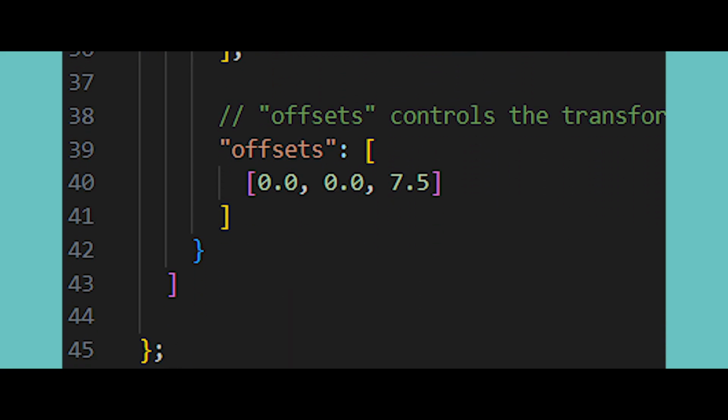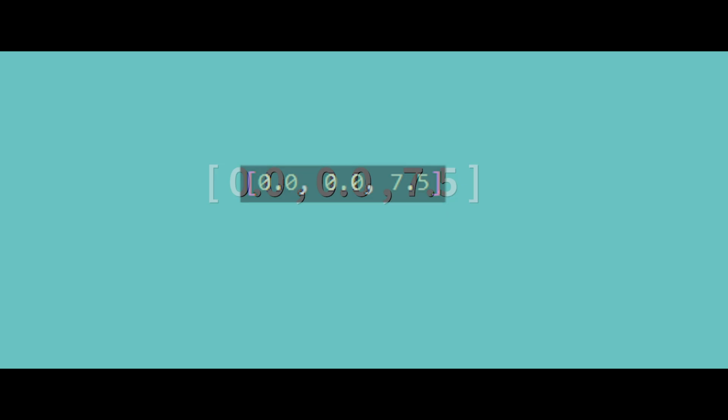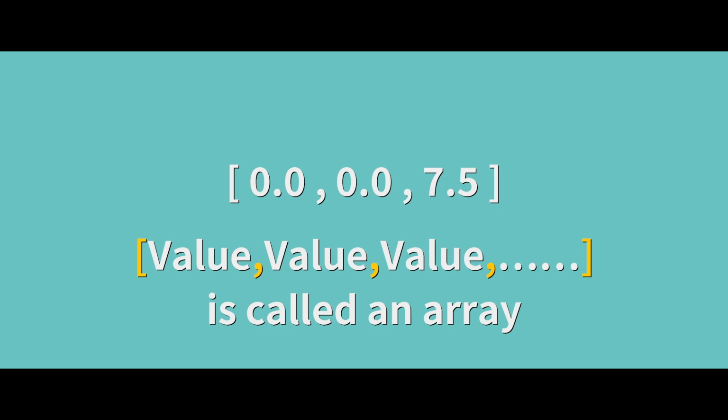Let's first focus on the part labeled offsets. This part controls the transform distance of the screen, meaning how far you want to move your screen. There are 3 values here, enclosed by a pair of square brackets. In JavaScript, multiple values separated by commas and enclosed by a pair of square brackets are called arrays. For this array, here's the logic.